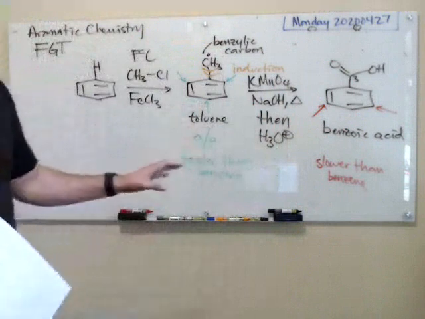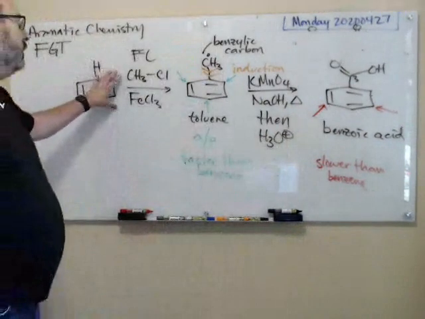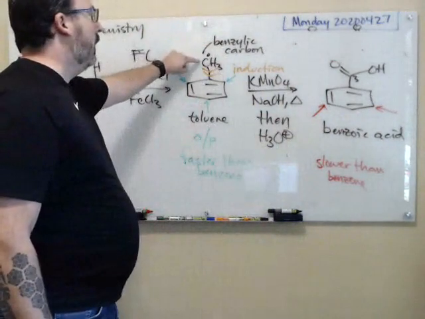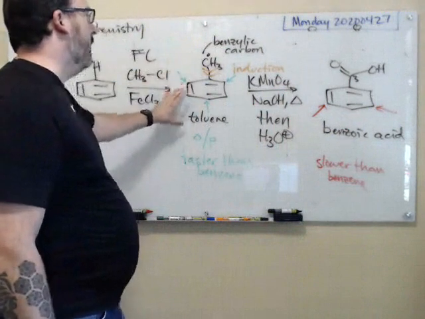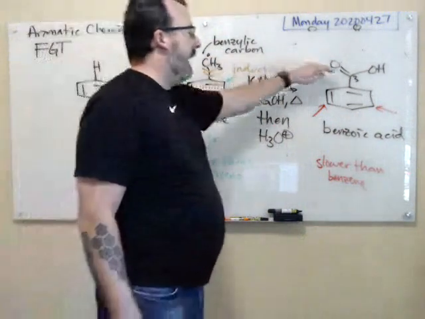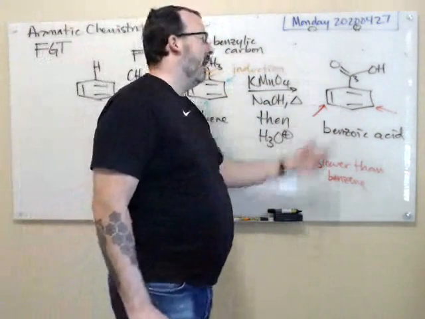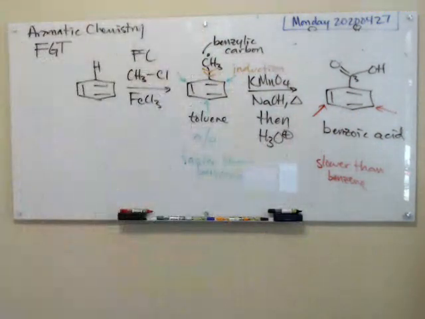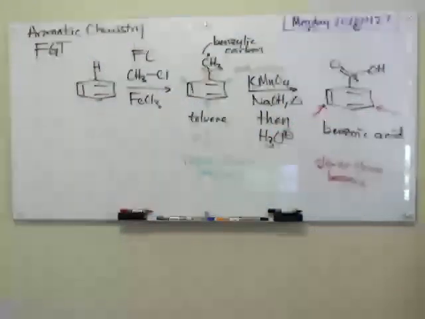So this is a strategy we can use, using Friedel-Crafts to get carbon onto the ring. In this form, the carbon is electron donating through induction, so it's ortho-para. If we oxidize it to the acid, we're then flipping the reactivity, so now it's a meta-director. Any questions on that?